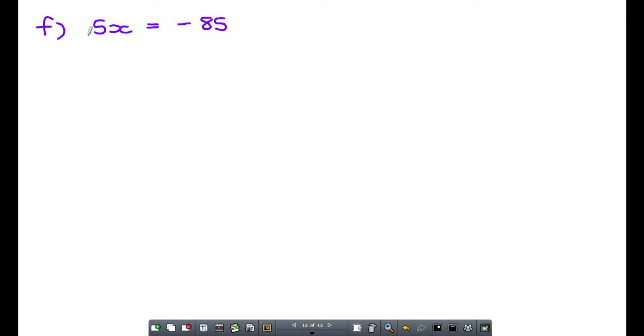I want to get rid of that 5. So when I take it over, it's going to become x is equal to minus 85 divided by 5, which means that x will be minus 70.